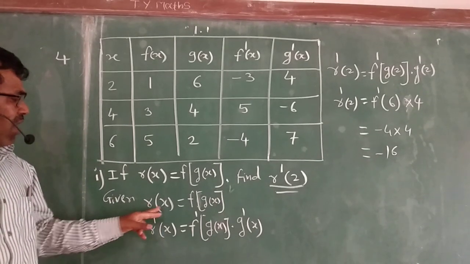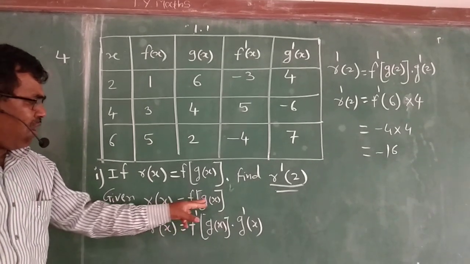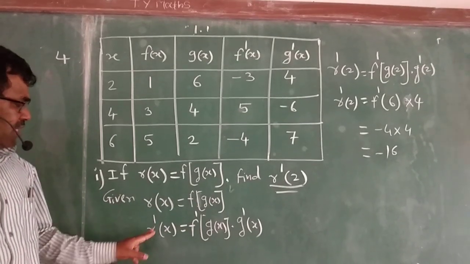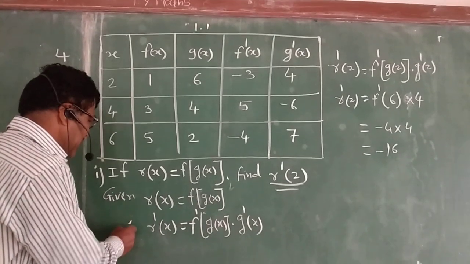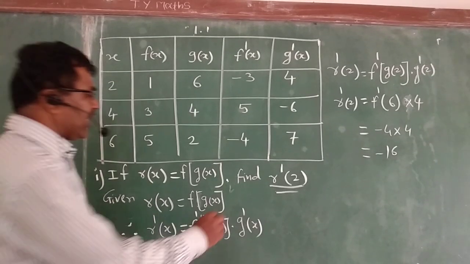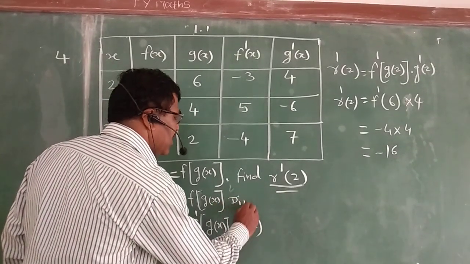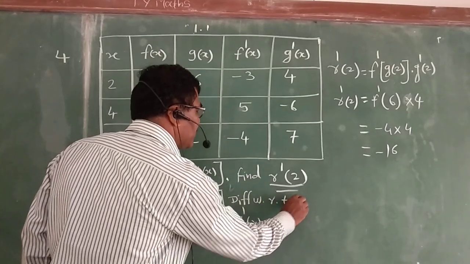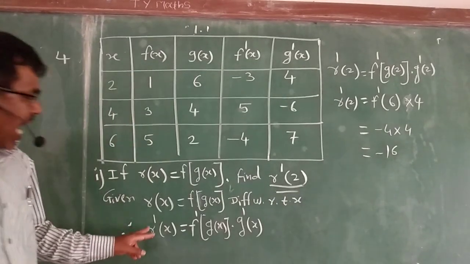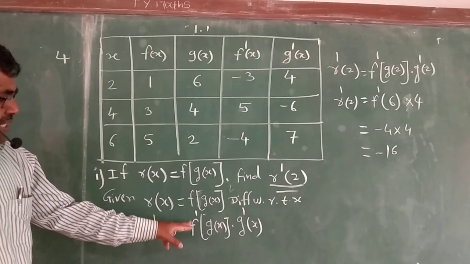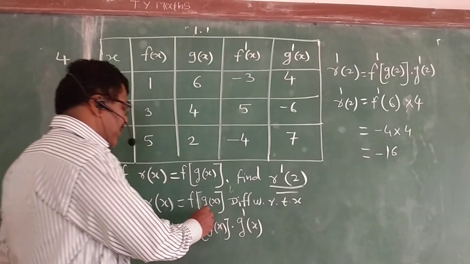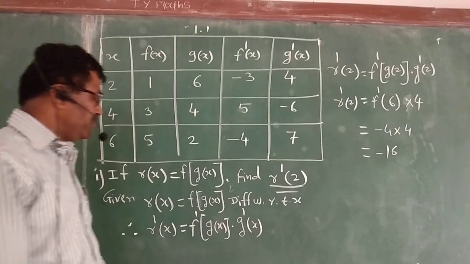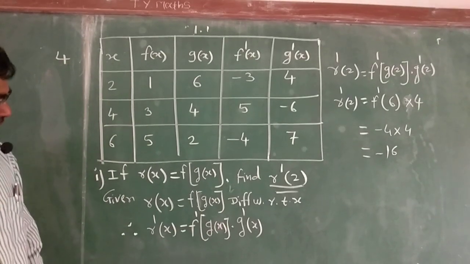Given r of x equal to f of g of x, therefore differentiating with respect to x, r dash x equal to f dash g of x into g dash x.